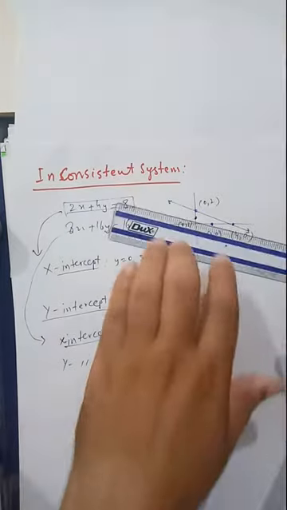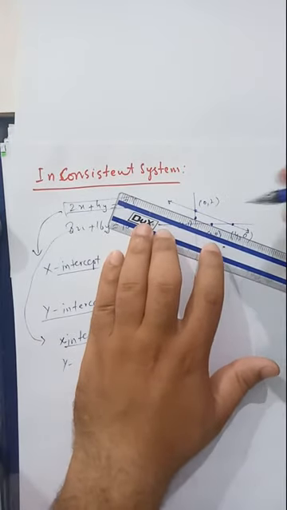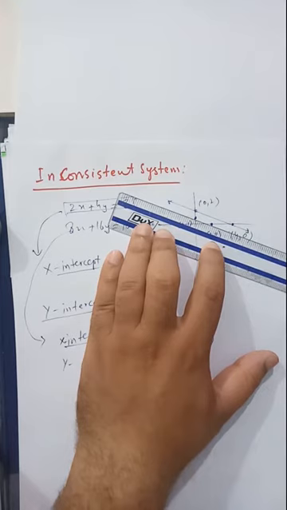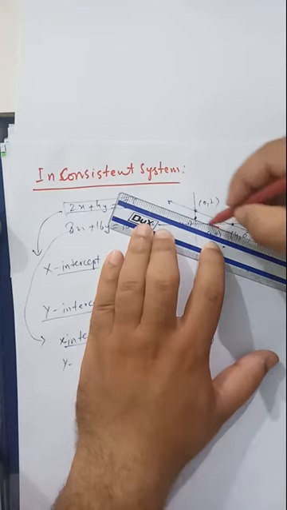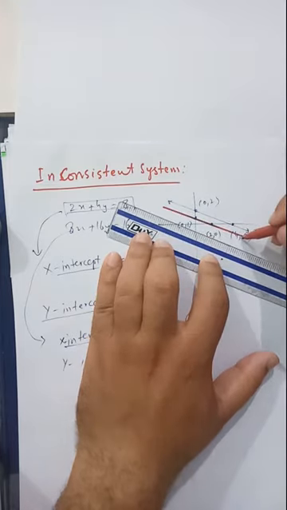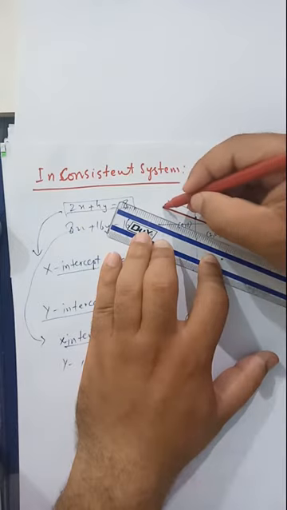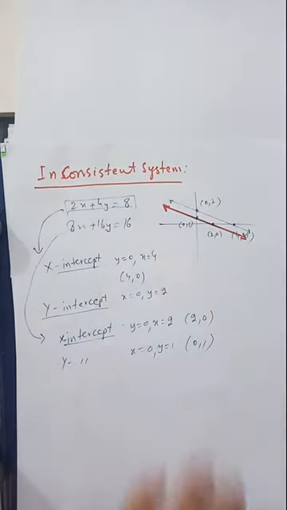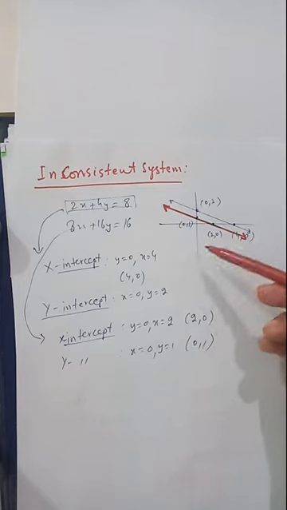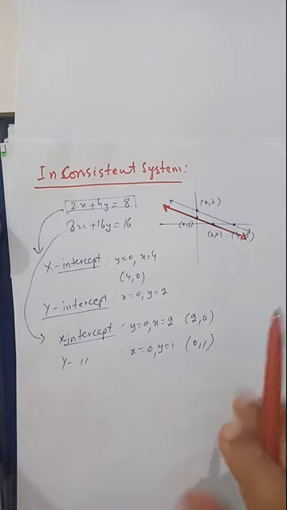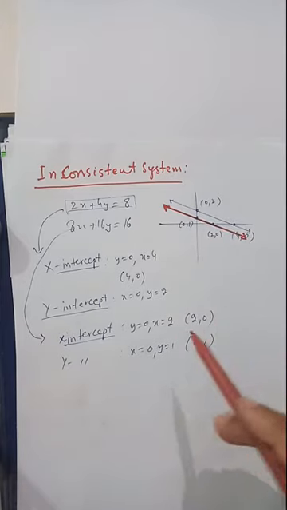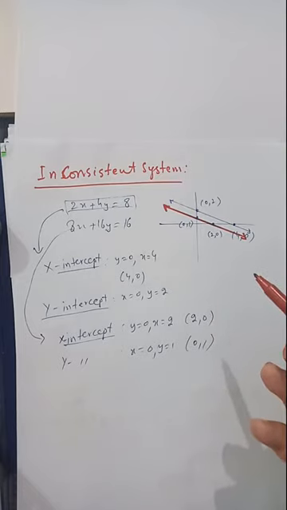Now you see that if I join these two points and draw a line, these two lines are parallel to each other. There is no intersection. You cannot find a point which lies on both the lines.